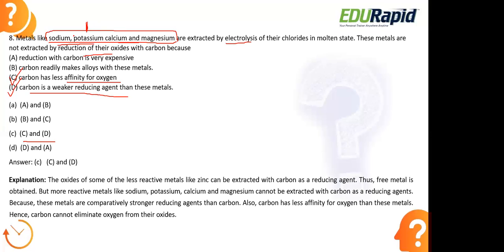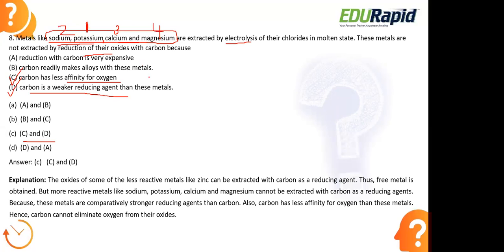Followed by sodium, then calcium and then magnesium. In our reactivity series, potassium takes the first place because it is a highly reactive metal, followed by sodium, third is calcium, and fourth is magnesium.